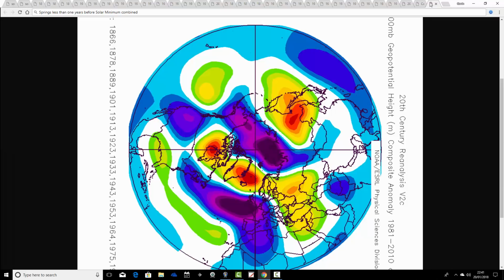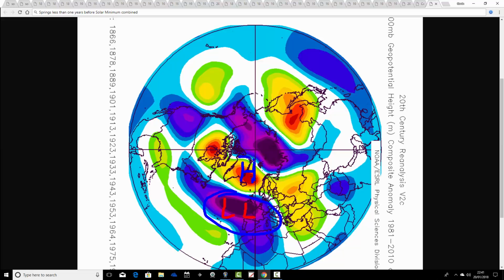And then this is how all years combined look for the actual solar minimum springs. These are the springs that are within or less than 1 year of solar minimum, so they are like the true solar minimum springs of their solar cycles. And again, it's an unsettled pattern. We do still have a blocking signal around Greenland, but these springs actually look more unsettled, if anything, with a deep trough of low pressure over and to the west and southwest of the UK.